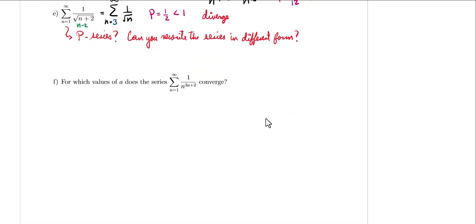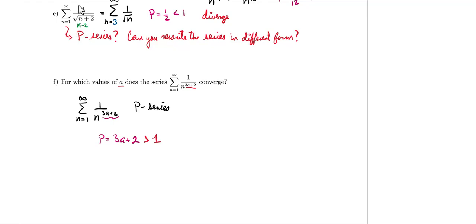This one is asking us for which values of a does the series 1 over n raised to the 3a plus 2 converge. Now notice this one is looking like a p-series. If it's a p-series, then it looks like our p-value is 3a plus 2. If we want this to converge, then we want this expression to be greater than 1.